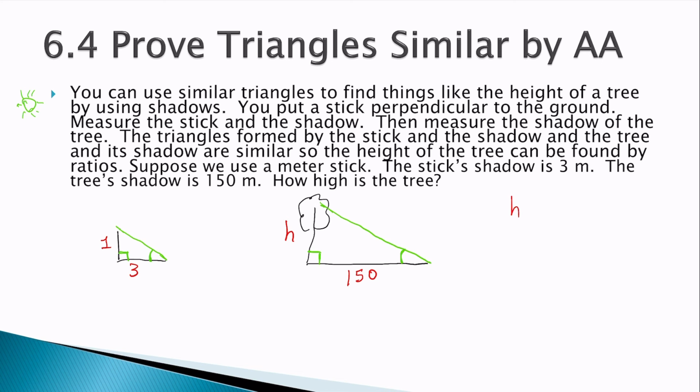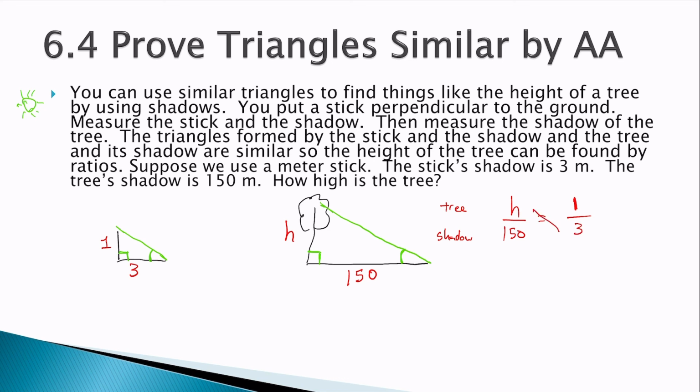Well, I could do tree over shadow. It says if the triangles are similar, then the sides have to be proportional. So I can go tree to shadow equals, well, on the other triangle, the tree would be the stick, which is 1, and its shadow is 3.